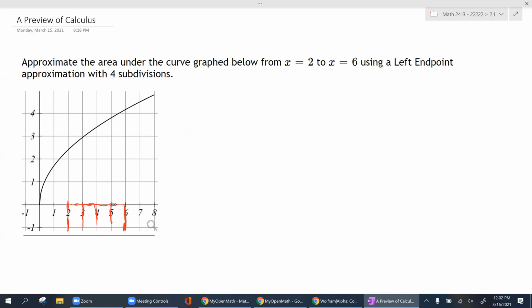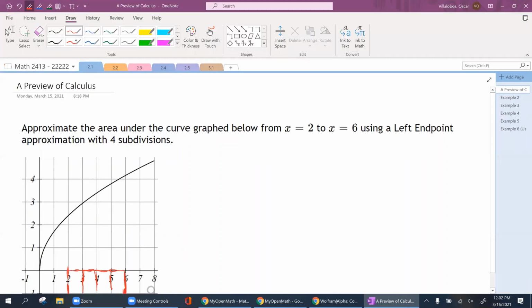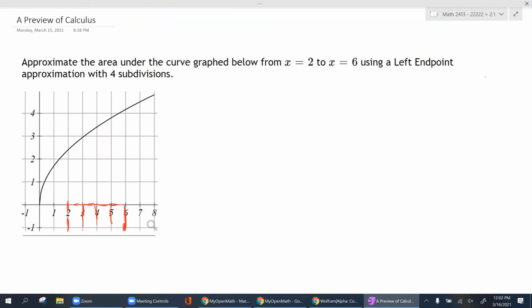Specifically here, they're asking me to find the area using left endpoints. Left endpoints means you start at the very far left, from your initial value, and you go all the way up. When you hit the graph, you go across and then back down to the right.